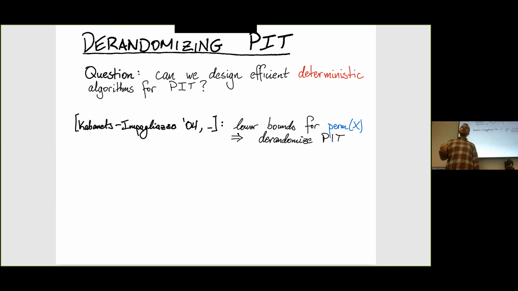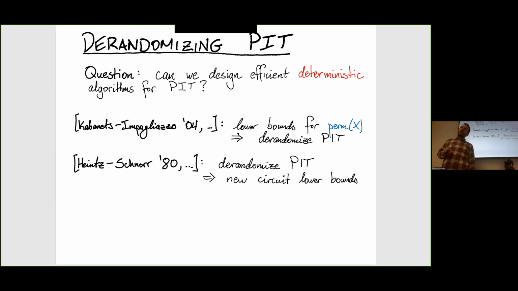And there's an implication in the other direction: if I can de-randomize PIT, then you can prove new circuit lower bounds. These new lower bounds would not necessarily be for the permanent, but they're certainly beyond what we know how to prove right now.